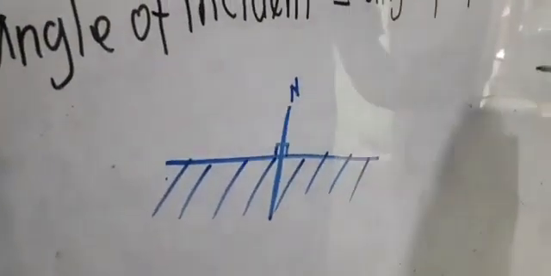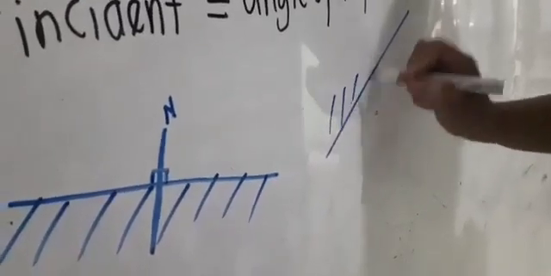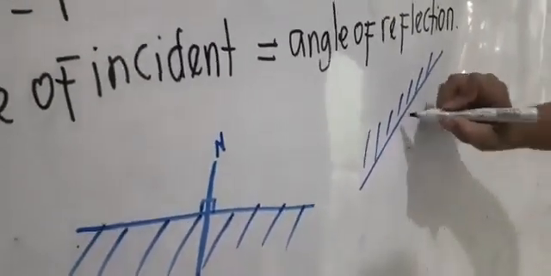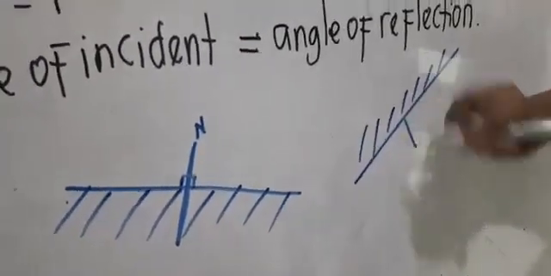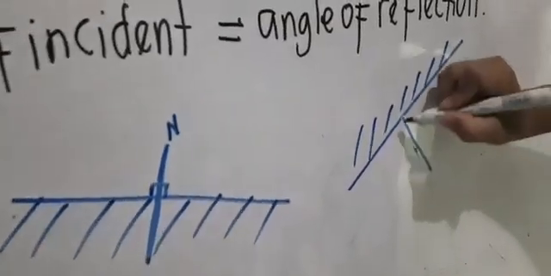The second example is if the surface is like this, for example. This is the back and this is the front. The normal line has to be perpendicular to the surface.